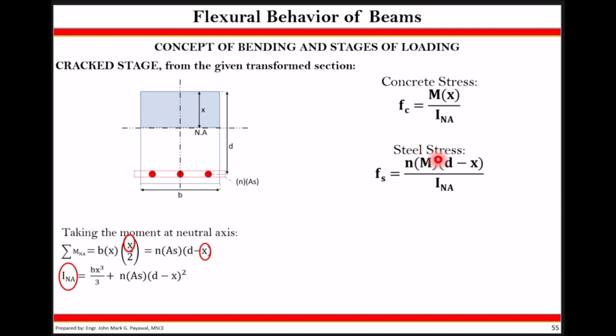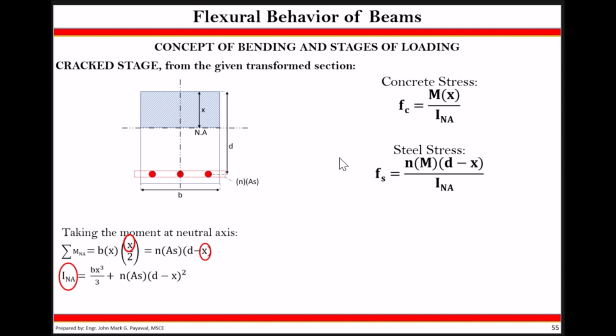Again, n multiplied by M multiplied by (d minus x) over INA. Yung FCT ko lang yung nawala. Bakit? Kasi nga, basag na yung concrete sa baba. Hindi na sinasalo kahit ano pa dun sa forces. Inassume natin na crack section, na nag-manifest na cracked section siya.